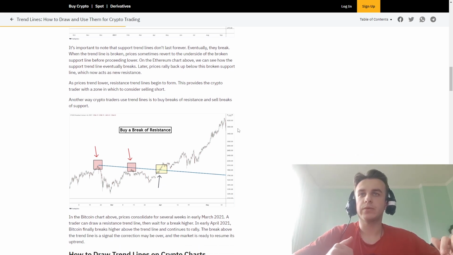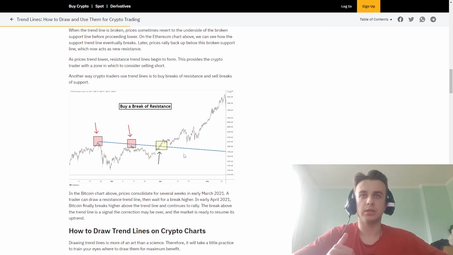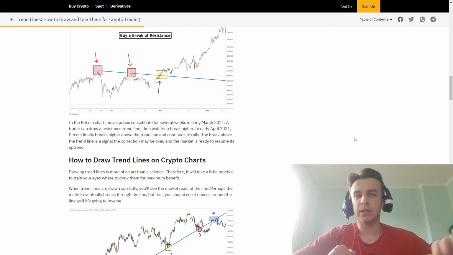Another way crypto traders use trend lines is to buy breaks of resistance and sell breaks of support. Here is resistance, with 1 point, 2 point and 3 point, and a higher trend. In the Bitcoin chart above, price consolidated for several weeks.